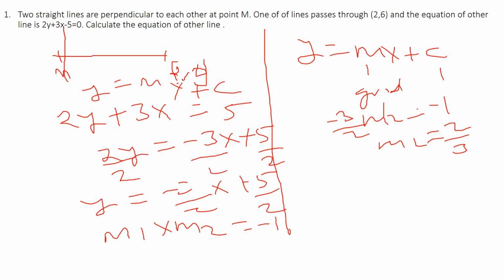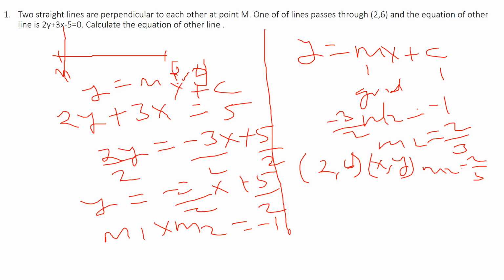So now to get the equation of the second line that is passing through the point (2, 6), I take another unknown point (x, y), and this should give me a gradient of m2, which equals 2/3.